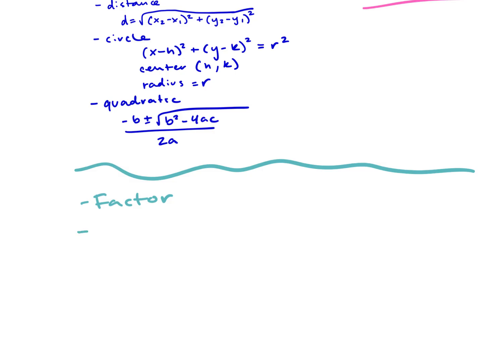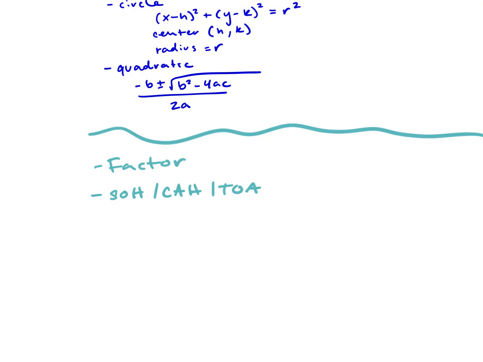I don't think that there's any questions on the review of solving triangles, but you need to know SOHCAHTOA. So if it gives you your opposite and adjacent, you could find tangent, or you could find your hypotenuse using Pythagorean theorem, things like that. So how to solve a triangle.